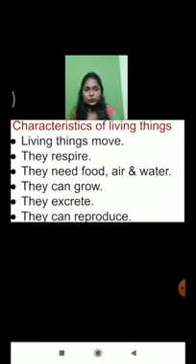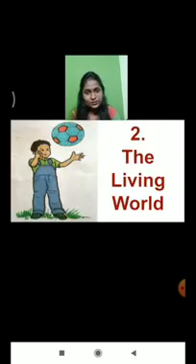So what are the characteristics of living things, students? Living things can move, they can respire, they need food, air and water, they can grow, they can excrete and they can reproduce.